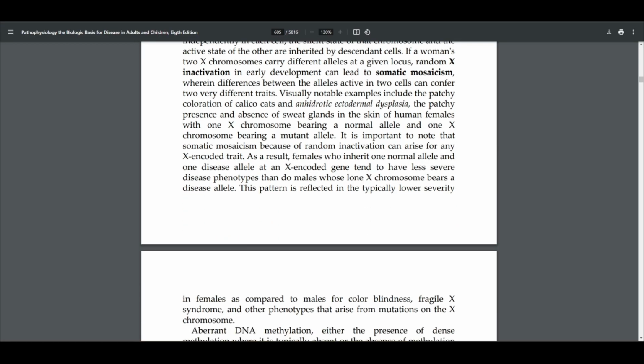It is important to note that somatic mosaicism, because of random inactivation, can arise for any X-encoded trait. As a result, females who inherit one normal allele and one disease allele at an X-encoded gene tend to have less severe disease phenotypes than do males whose lone X chromosome bears a disease allele.